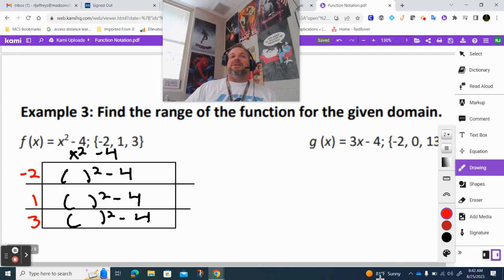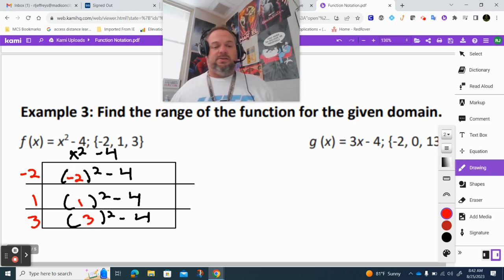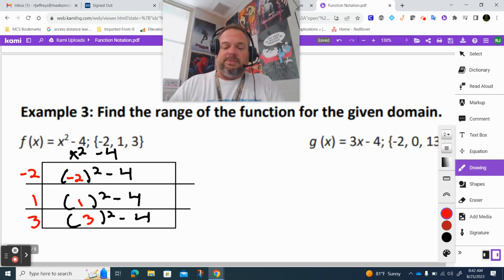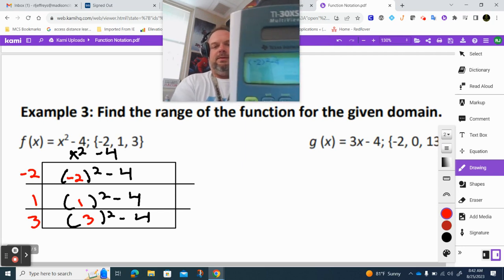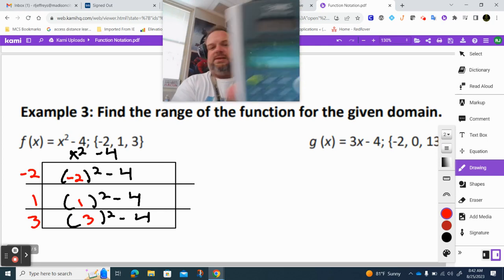Honestly, if you have something like this on a test, I'm really just expecting the numbers at the end. But I'm just kind of showing what to do. For each of these, you're just going to plug them in and you're going to get an answer. Okay. So, blip, blip, blip. Parentheses negative 2 squared minus 4. 4. Etc.